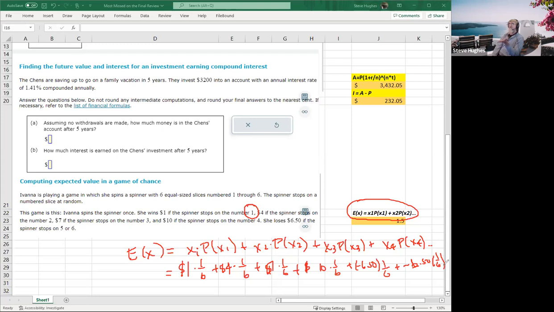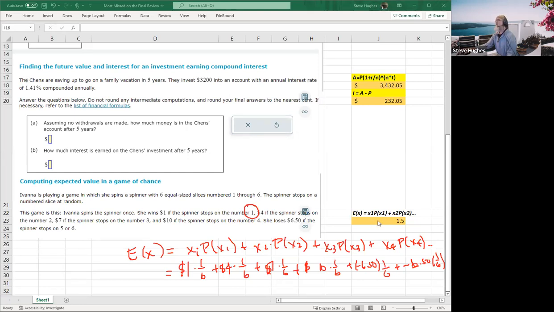She wins $1, the probability is 1/6. She wins $4, 1/6. She wins $7, 1/6. She wins $10, 1/6. She loses 6.50, 1/6, and she loses 6.50 again, 1/6.